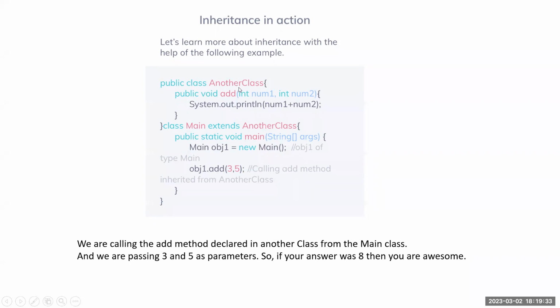Add is in the other class, but you extended that class, so you are allowed to use that method. You can simply create your own object of the child class and utilize the parent methods as well.